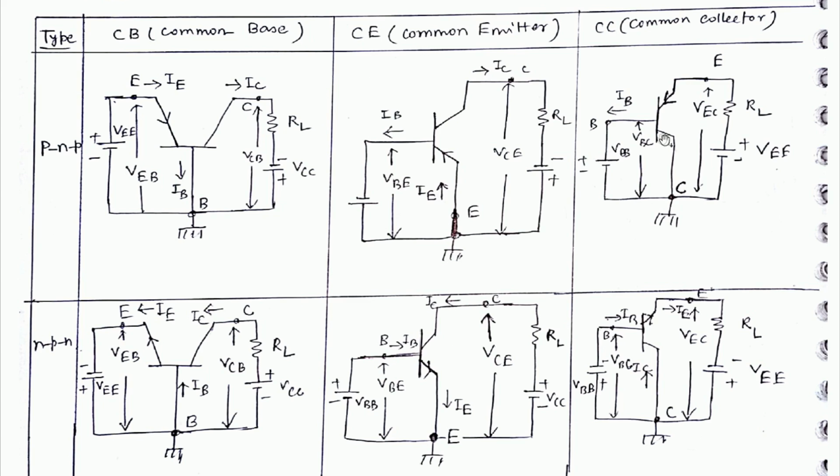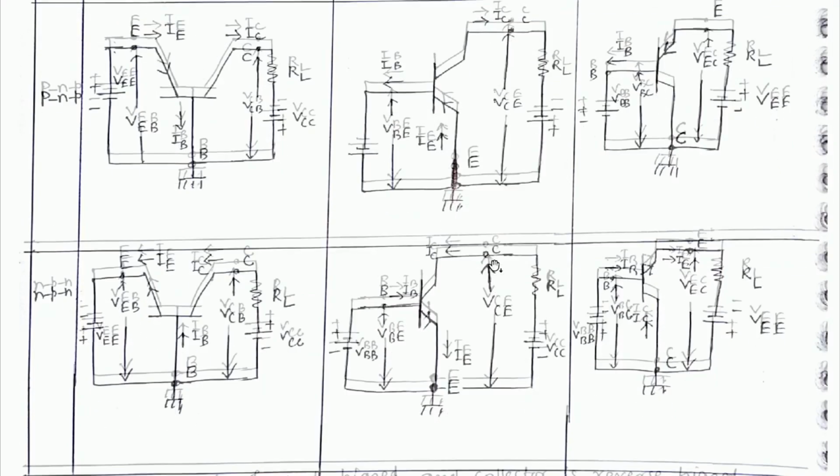Common collector, the collector will lie in the middle. In this way we can think of it. And one thing you should remember: the emitter is forward biased, the collector is reverse biased. If you take care of these two things, then it is easier to draw these connections.